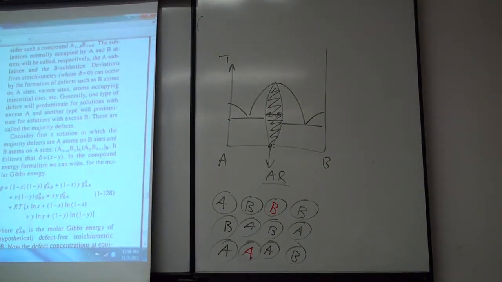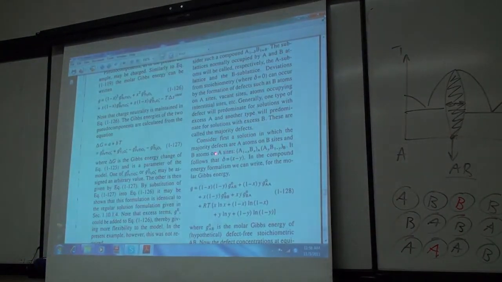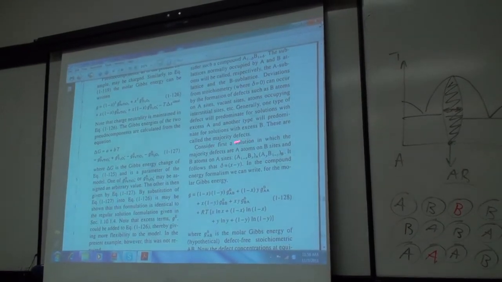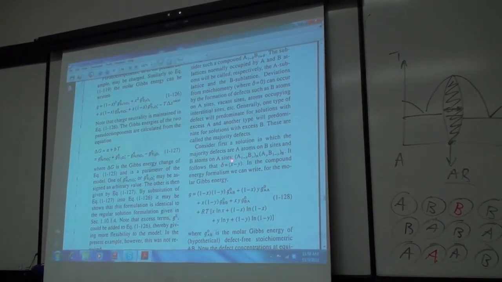And that is another type of substitutional defect. So on one side you have excess B substituting on normal sites which are normally occupied by A, and that's how you can get the deviation from stoichiometry. So let's consider the solution in which the majority defects are A atoms on B sites and B atoms on A sites.